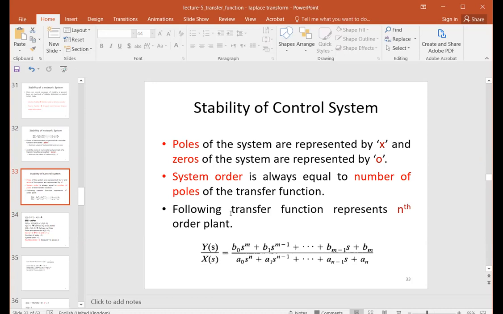If I solve for x of s, multiplied by b0, sm, etc., in the nth order plant the order is n, because I have n solutions, since s is raised to the power n.